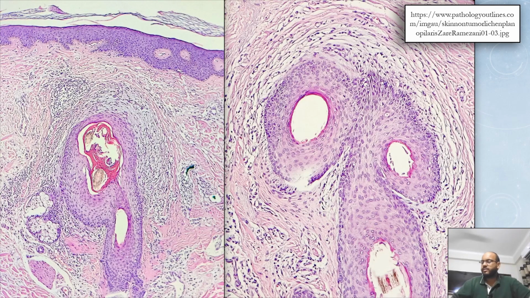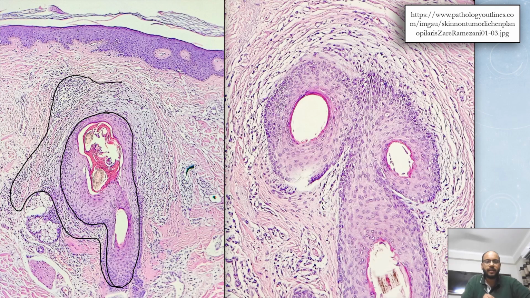So look at this beautiful slide that I've taken from Pathology Outlines. Let me just change the color. So this is the hair follicle. Let me mark it out for you. This is the hair follicle, and you can appreciate a bluish infiltrate surrounding the hair follicle.